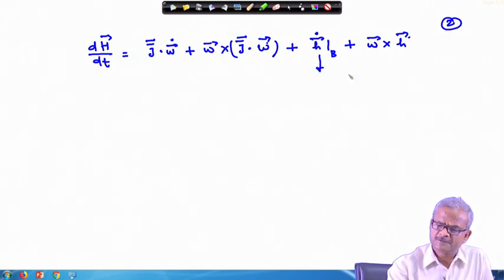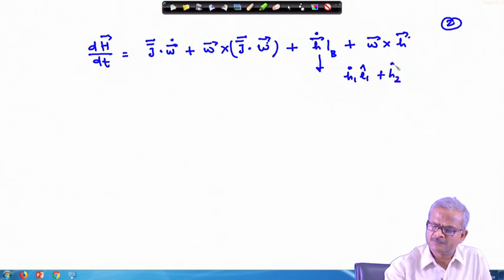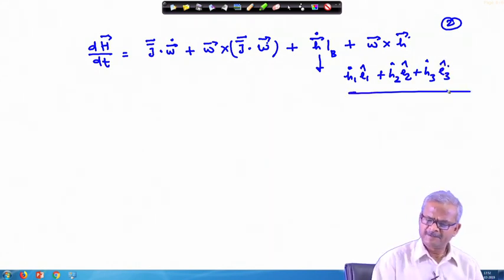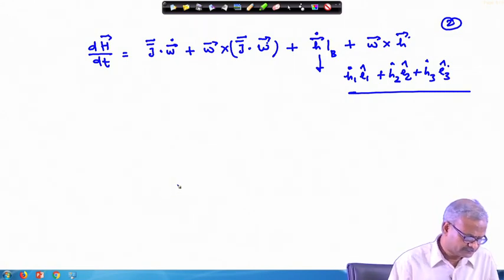So, this h dot implies h1 dot E1 cap plus h2 dot E2 cap plus h3 dot E3 cap. This is what it means, and we have written it in the other format also.